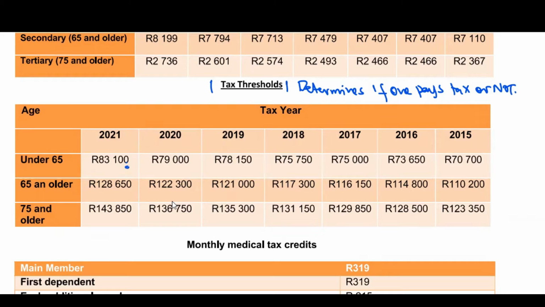These are different numbers because of different years, but should the income be equal to the amount that you see here, the person should not pay tax. Should it be equal or less, the person should not pay tax. So we shall be doing that as an example.